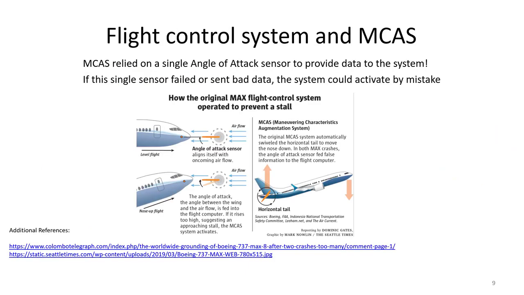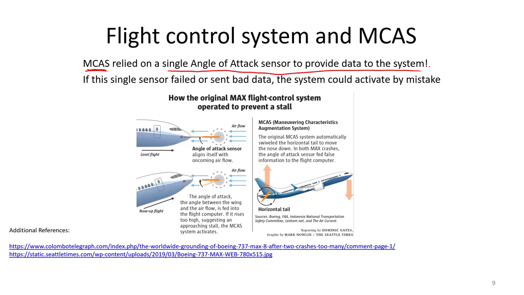So here's the problem with that MCAS system. The system relied on a single sensor to provide data. This sensor was called an angle of attack sensor, and the idea was that angle of attack sensor should tell us what our angle of the plane's nose was, and ideally, if we tipped our nose upward, then we would automatically correct for that.